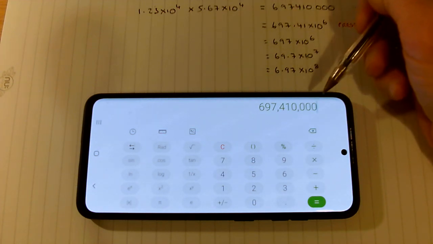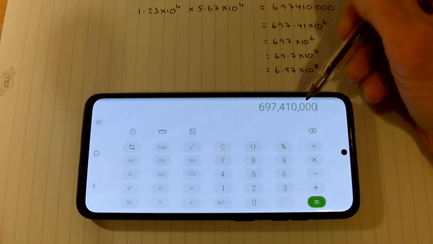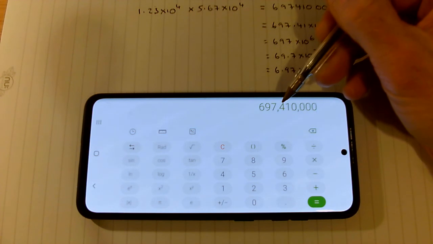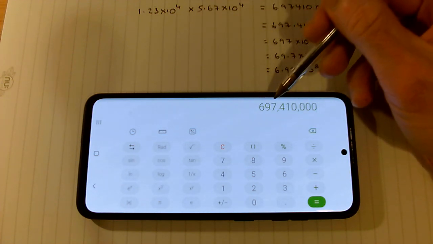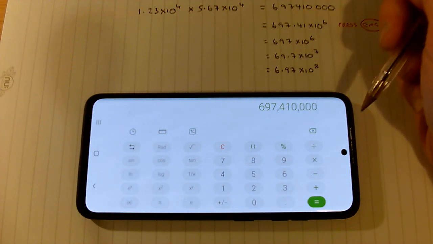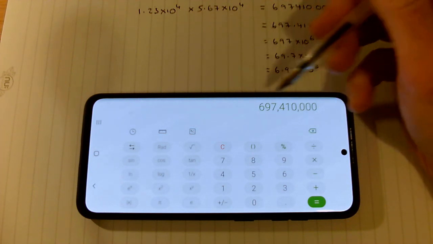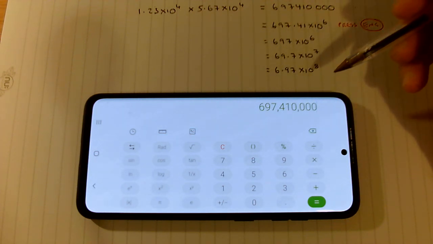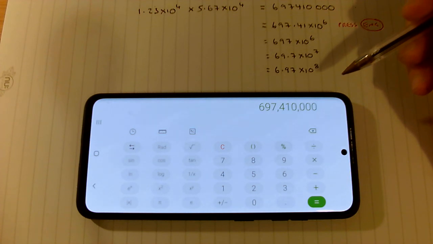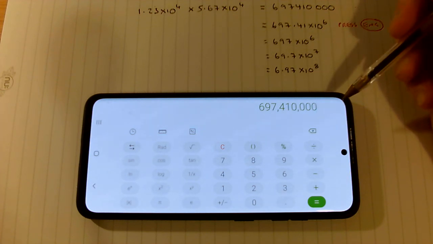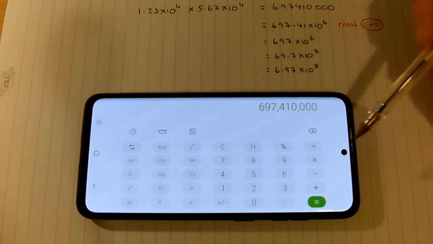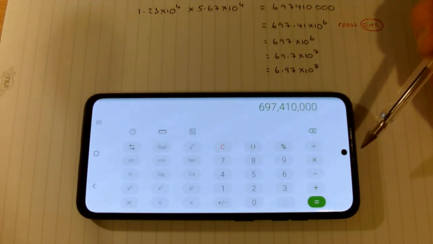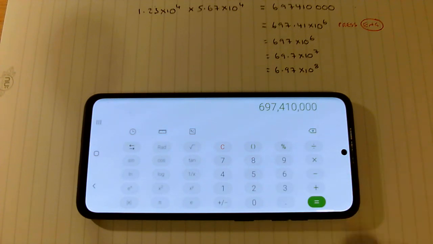So I know that it's 6.9741 times 10 to the power of 8, or 6.97 times 10 to the 8, if I express it as 3 significant figures. So you can still use your scientific notation understanding and your calculator app in order to express in scientific notation. There's just not a button that will do it for you.